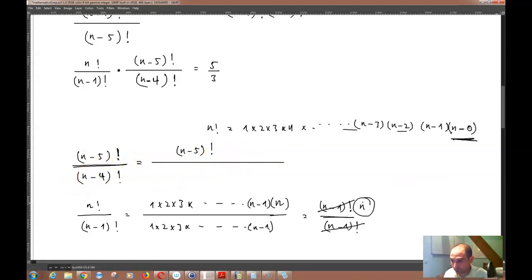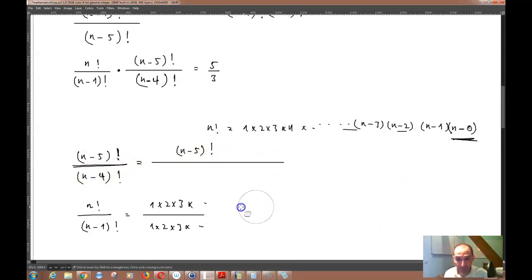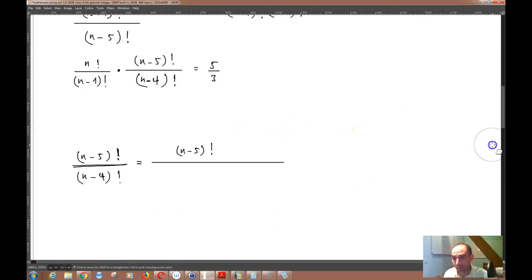Or if you want to know why, I write this as 1 times 2 times 3 times all the way up to n minus 4, right? And then of course I can write the term that comes before this, which is n minus 5.